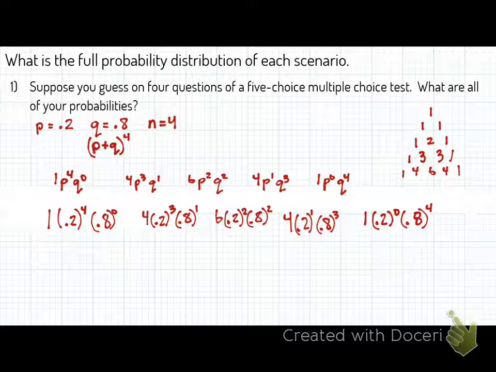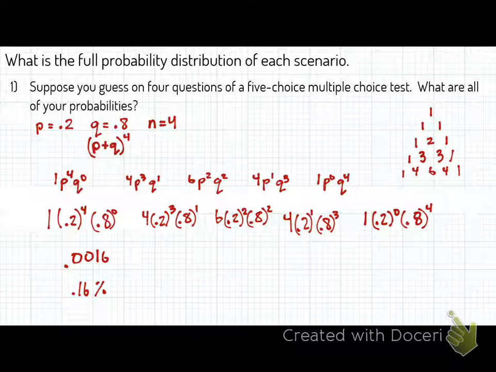So right here we get a decimal of 0.0016, and that's our probability here. How do you write a decimal as a percent? Move the decimal 2 over, so it's going to be 0.16%, okay? And I'll explain what that means.